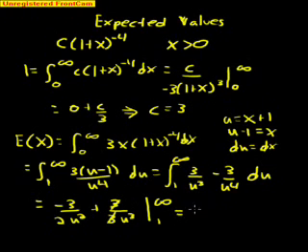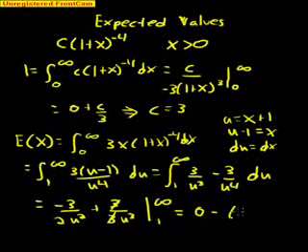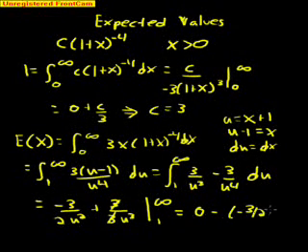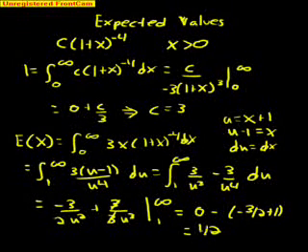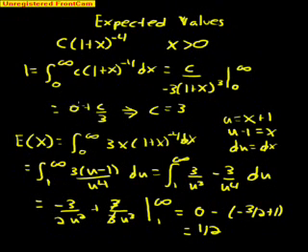And this is going to give us 0 minus negative 3 halves plus 1. So this goes to 1/2. So our expected monthly claim is equal to 1/2. The big key here is the word proportional, especially with regard to a PDF. We now know we need to do this.